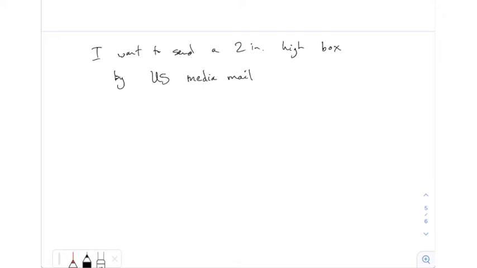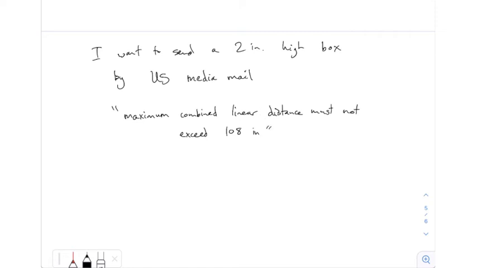U.S. media mail, the rule is how big can the box be? The maximum combined linear distance must not exceed 108 inches. This is the rule.